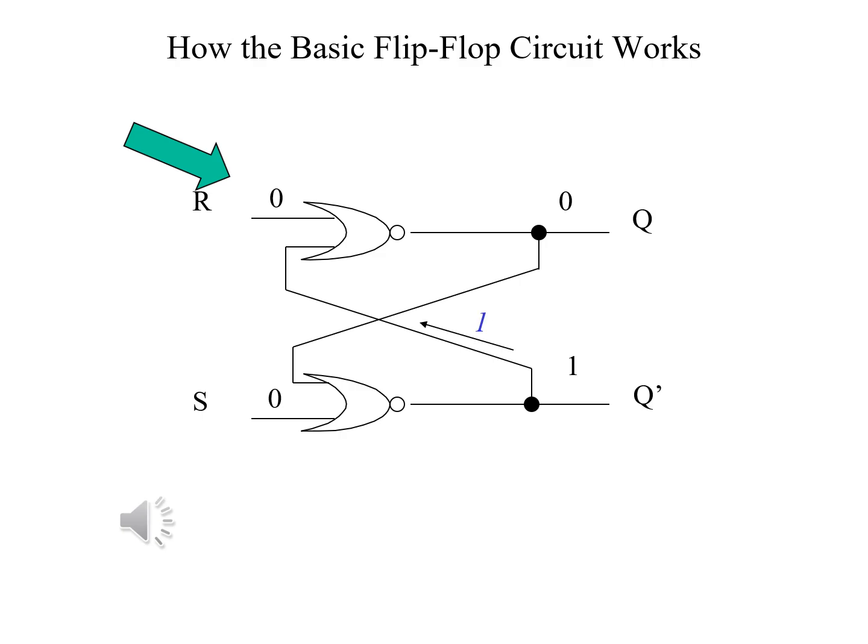We'll start with the upper NOR gate, which gets the 1 from Q prime and 0 from R. 1 or 0 is 1. Not 1 is 0. This clears Q's value to 0, which is the value it already held.